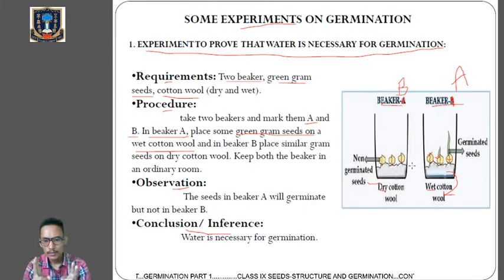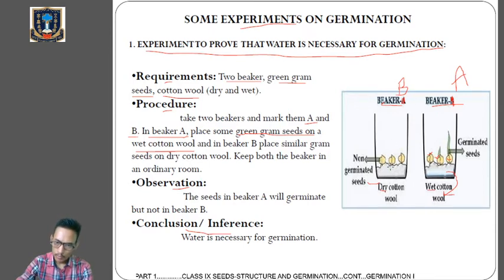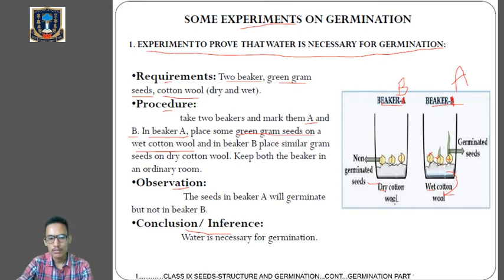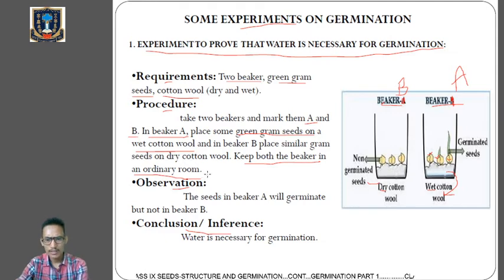We are taking two beakers and marking them as beaker A and beaker B. In beaker A, we are putting the wet cotton wool that contains moisture, water, and we are putting the gram seeds. Similarly, in beaker B, we are putting the gram seeds, but over here we are putting the dry cotton wool. Now both of the beakers should be kept in an ordinary room. Clear? Now you can see over here that beaker A contains moisture, water, but in beaker B there is no water, because we are using dry cotton wool.